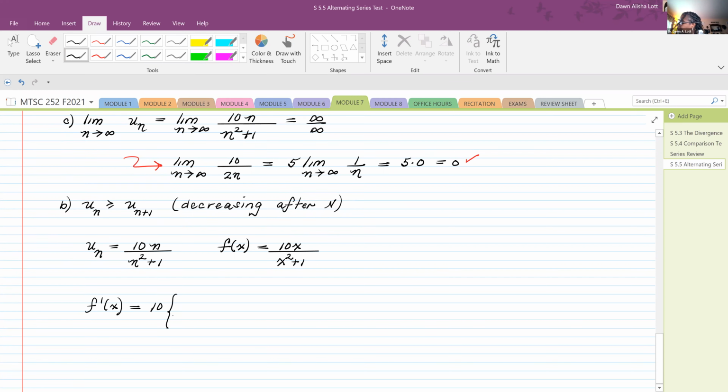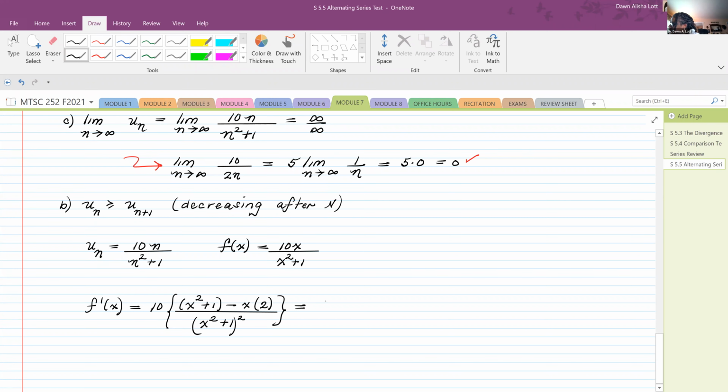Okay, so that's the bottom, which is x squared plus 1, times the derivative of the top, which is 1, minus the top, which is x, times the derivative of the bottom, which is 2x, all over x squared plus 1 quantity squared.